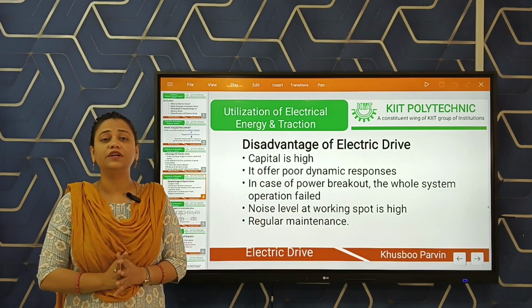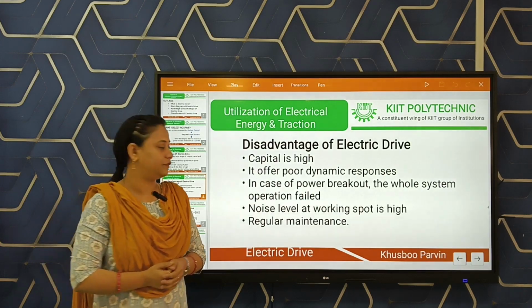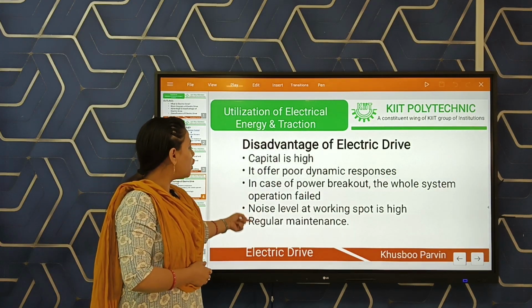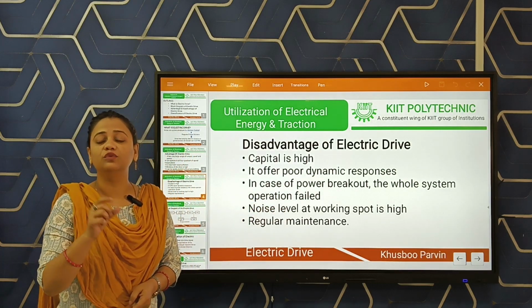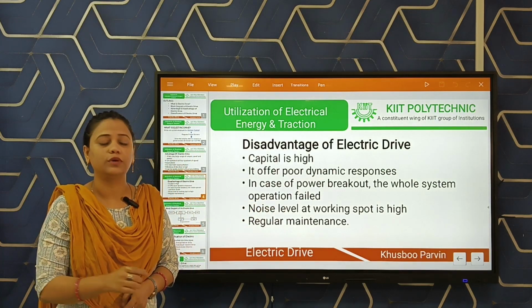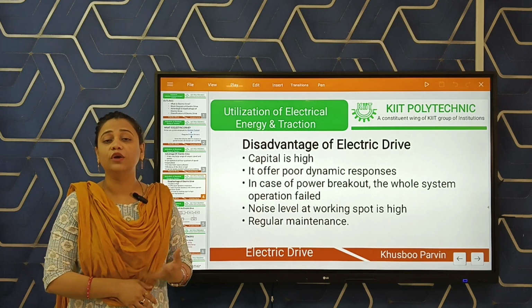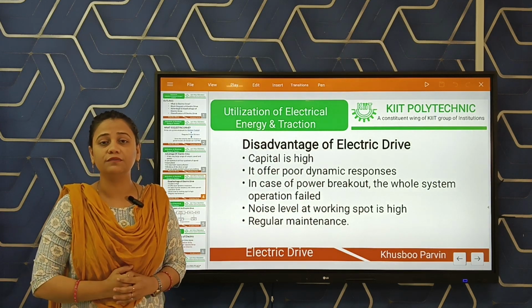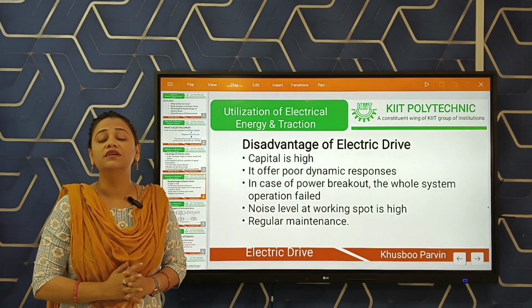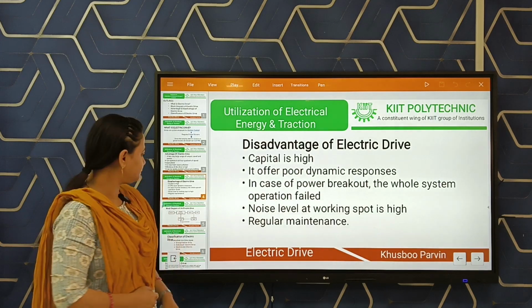So this is one of the disadvantages of electric drive. The noise level at the working spot is also high, and it requires regular maintenance because a number of machines are used.